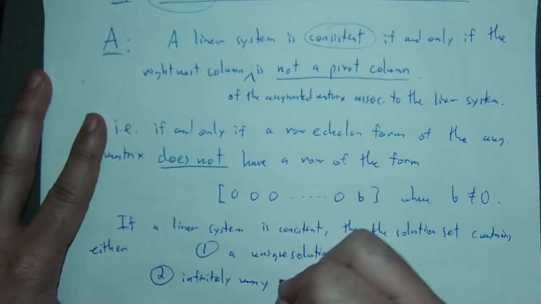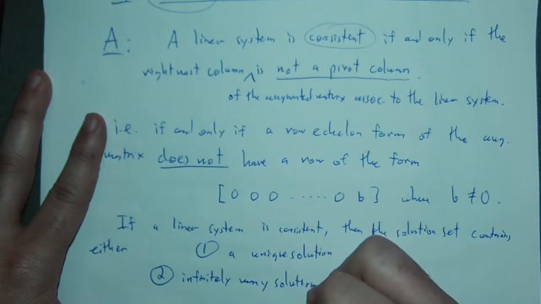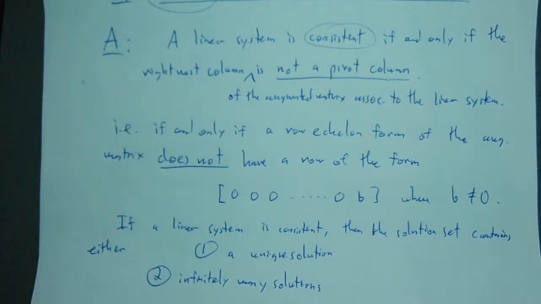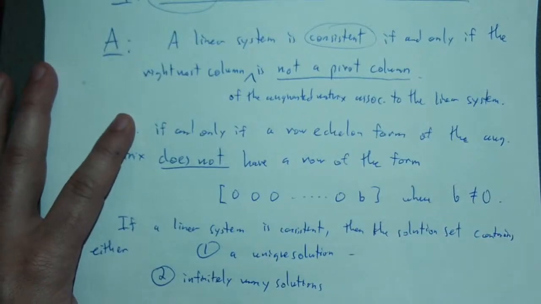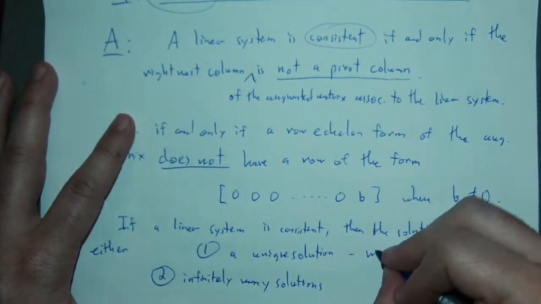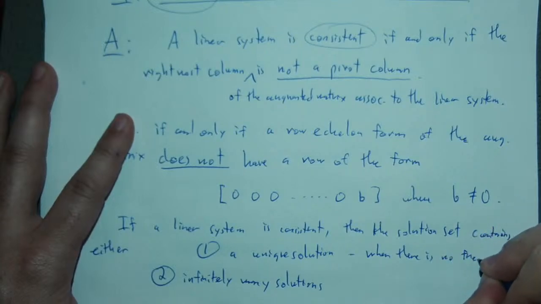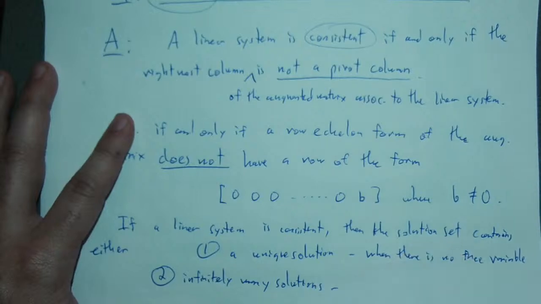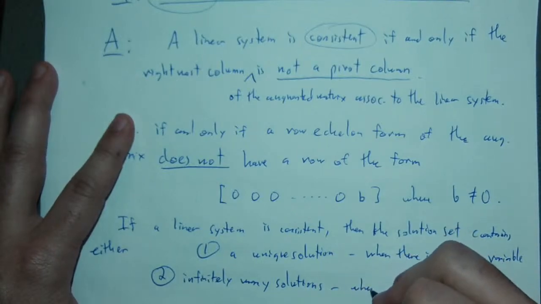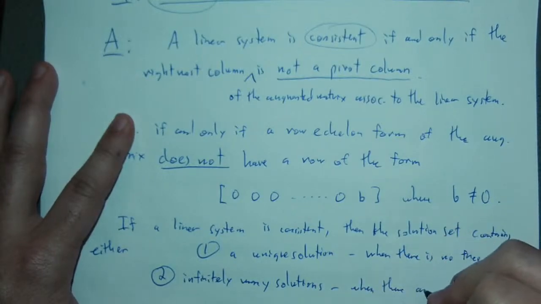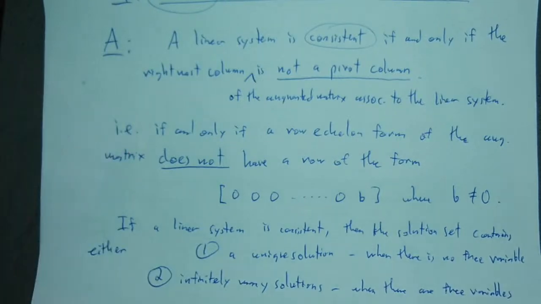Well, we already knew that. So then what classifies these cases? You get a unique solution when there is no free variable. And you get infinitely many solutions when there are free variables, i.e. at least one free variable.